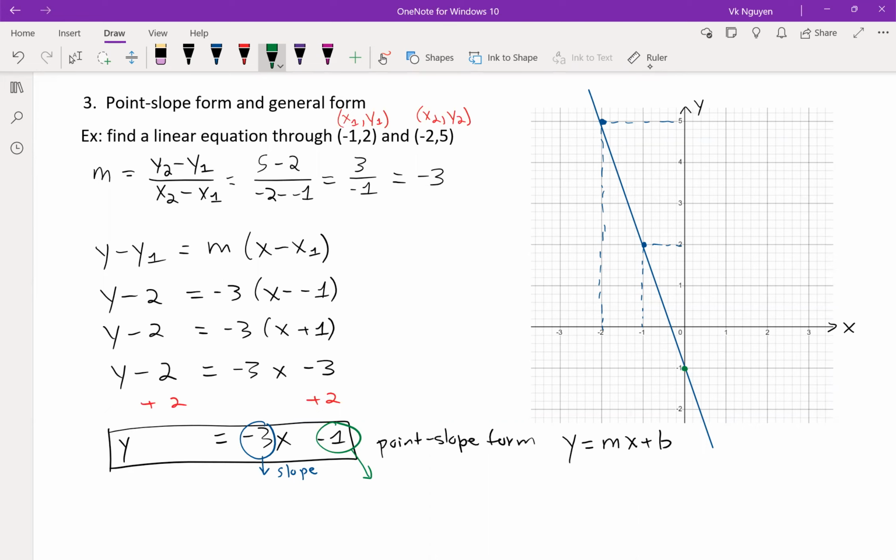So we call -1 the y-intercept. Meaning that b right here is the y-intercept.